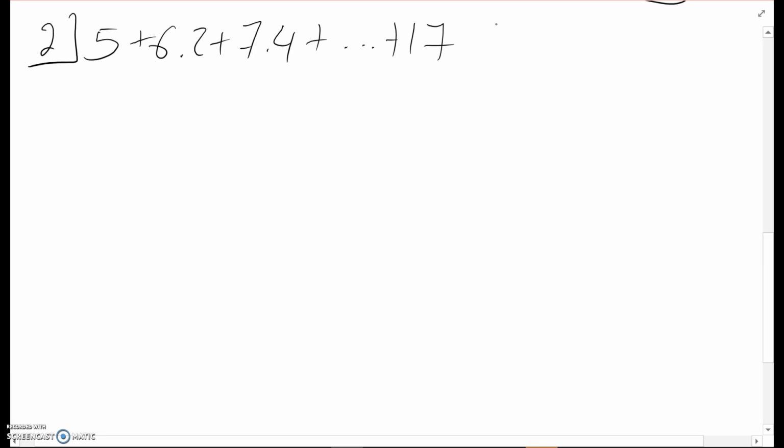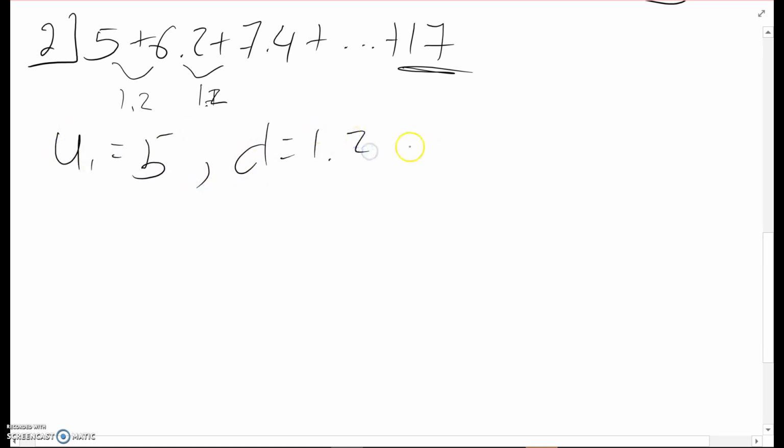You need to write the explicit formula. This is arithmetic because each one is going up by 1.2, right? And then here's a problem for us. So I know that the first term is 5, and I know that the difference is 1.2, so I can use that to get the explicit formula.